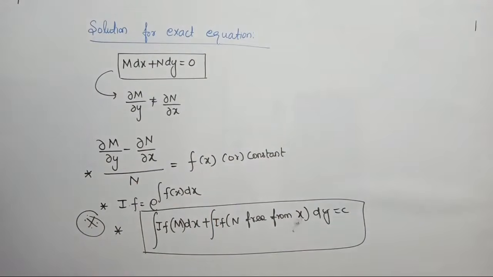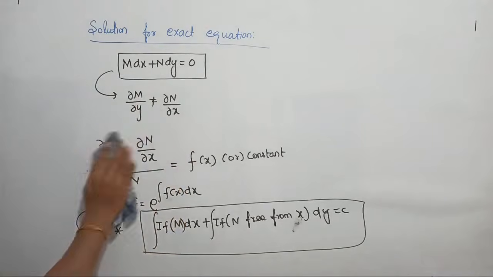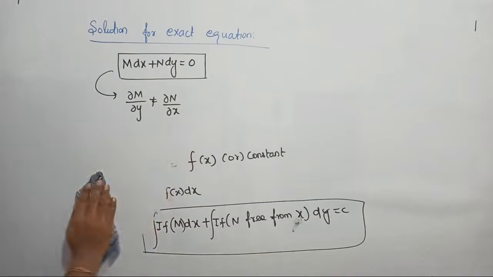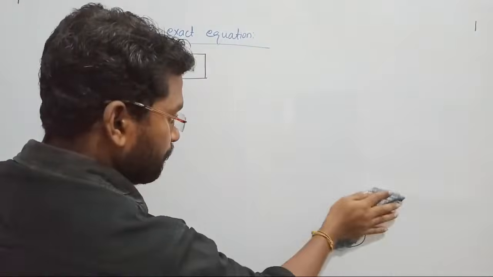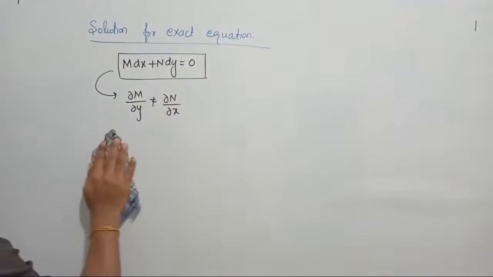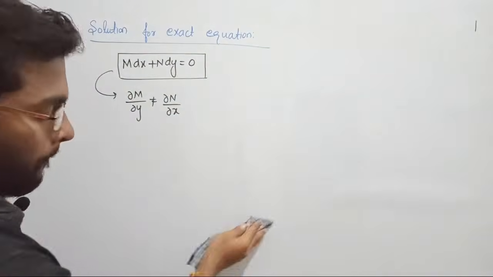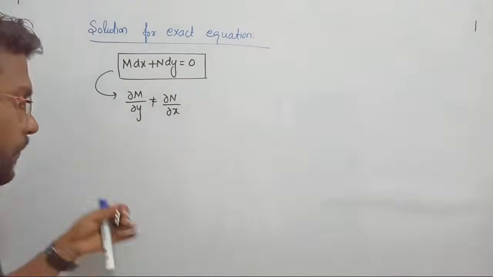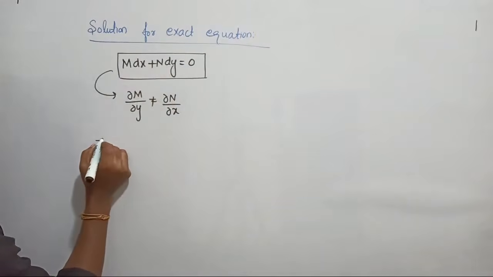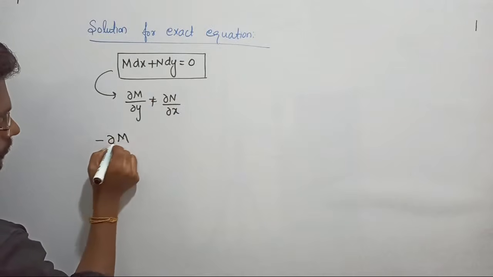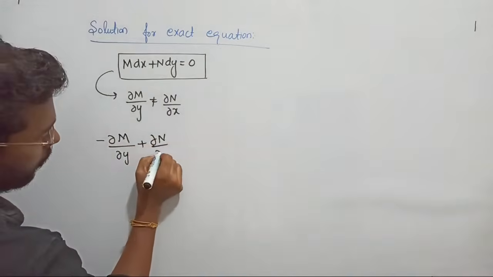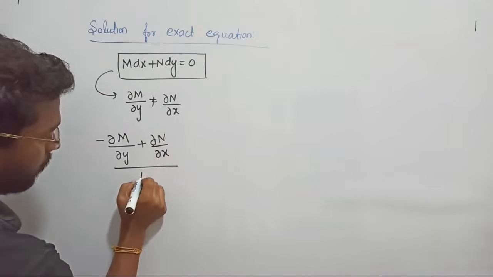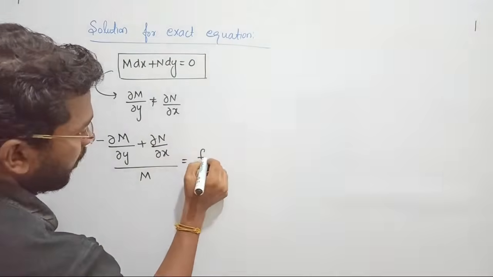What other format can come? Sir, if it does not fall under this category, let us see. The same function, let me write. Just take minus dou m by dou y plus dou n by dou x upon m is equal to f of y.